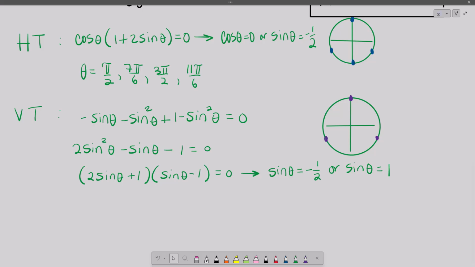So sine squared goes to the right, giving us 2 sine squared. Minus sine goes to the right, making this positive, which then switches these two. Yes. So then this is positive sine, positive 1/2 here, and negative 1 right there. Yeah, there can't be that many that are overlapping.